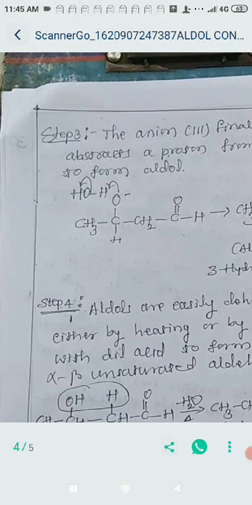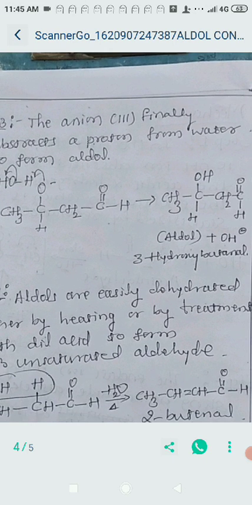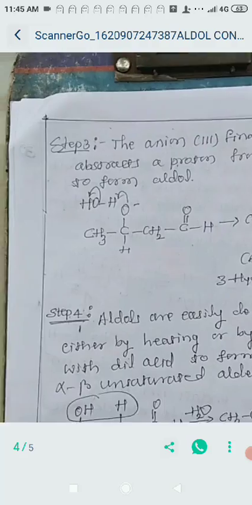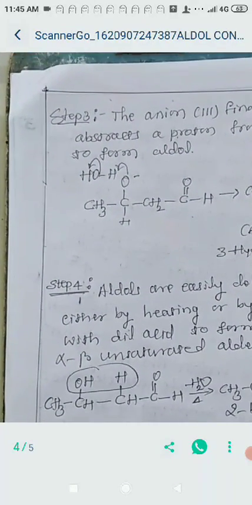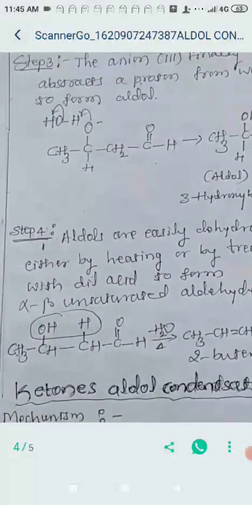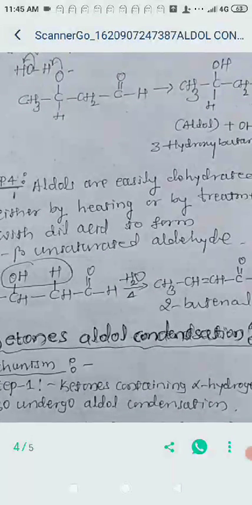In the third step, the formed anion accepts a proton from water to form 3-hydroxybutanal, and in the fourth step, that 3-hydroxybutanal undergoes dehydration to form 2-butenal, that is the final product.